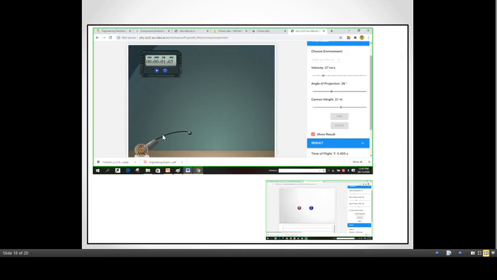So what about this one? For the projectile motion, we have seen the different pictures. Now by changing some values here, we can get different ranges or patterns with the help of the virtual lab.